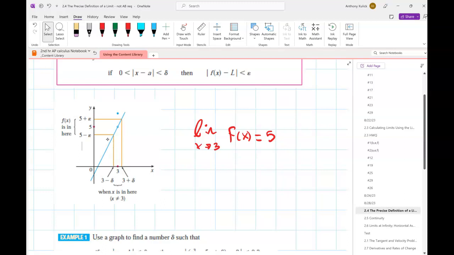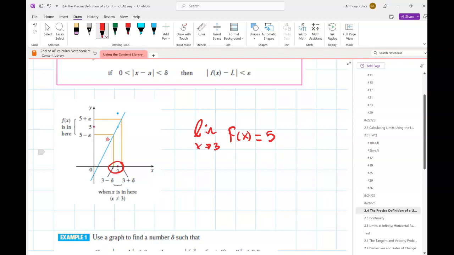What it's saying then is that you can find a distance here, that's your delta, between the x's such that f of x is between 5 minus epsilon and 5 plus epsilon, and somehow we can capture that limit in between.